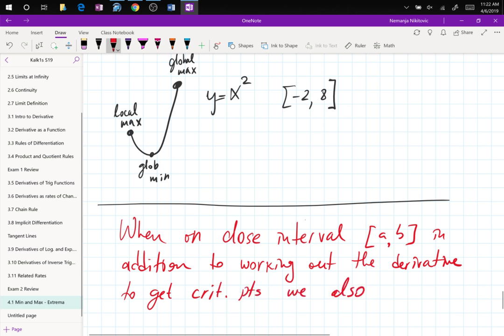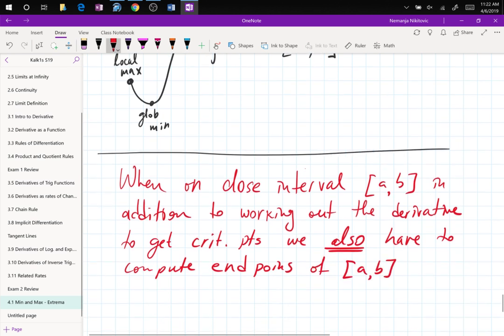we also have to compute endpoints of interval AB. So you have to compute f of A and f of B, because now they are in the mix, the y values.